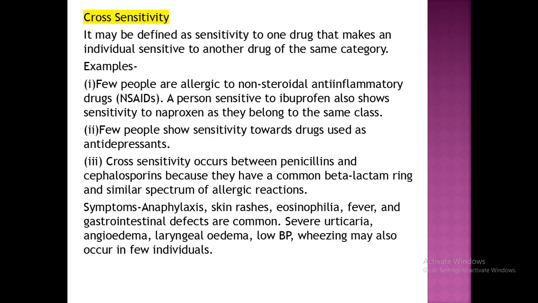Severe urticaria. Urticaria is characterized by redness, rashes, itching, etc. Angioedema, that is fluid accumulation under the skin. Laryngeal edema, the fluid accumulation in the larynx. Low BP, wheezing may also occur in few individuals.